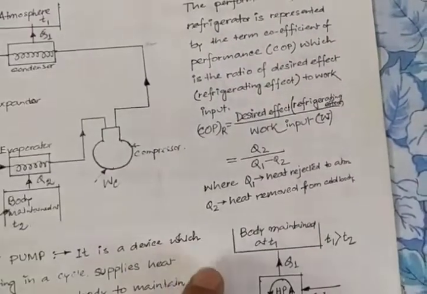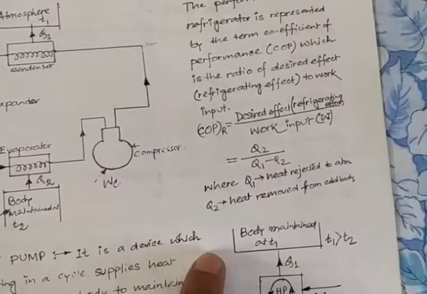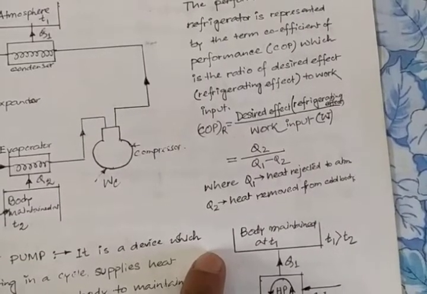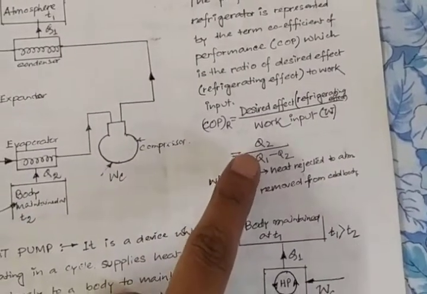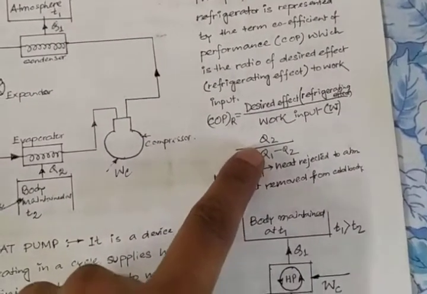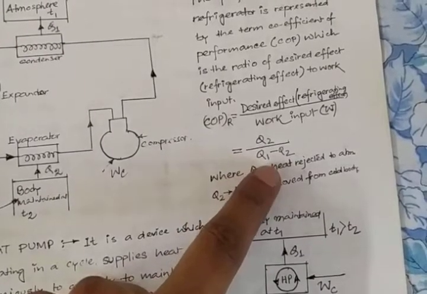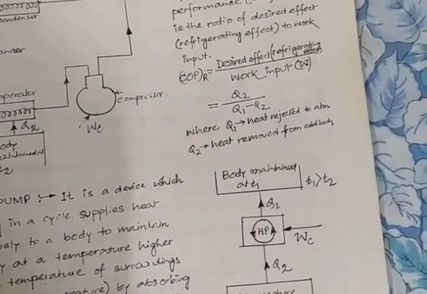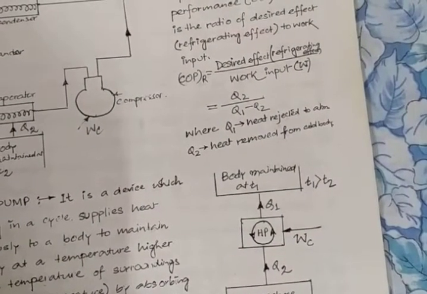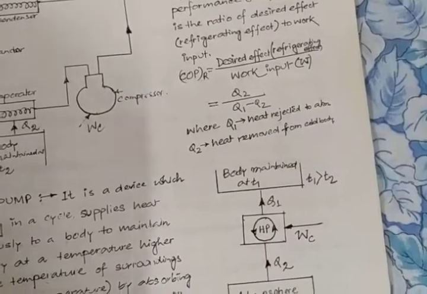So COP of a refrigerator will be the refrigerating effect divided by the work input. The refrigerating effect is denoted by Q2, and the work input will be Q1 minus Q2, where Q1 is the heat rejected to the atmosphere and Q2 is the heat removed from the cold body.